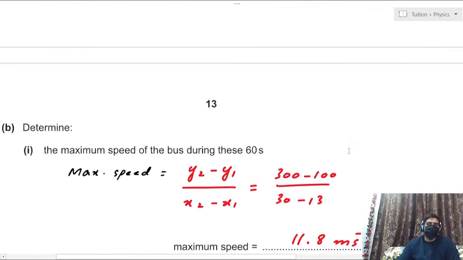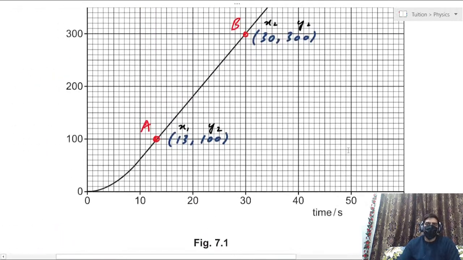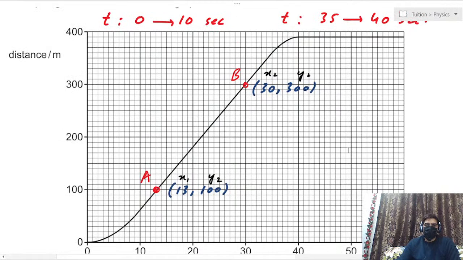Let's see what the total distance is from the graph. The total distance is 390. You see, this line represents 390.